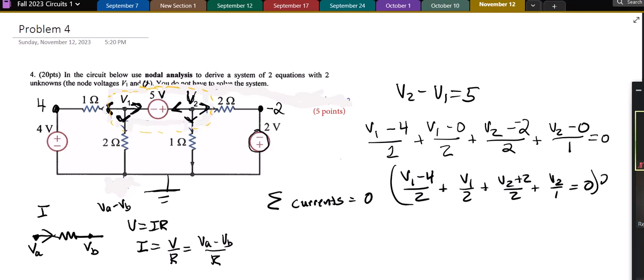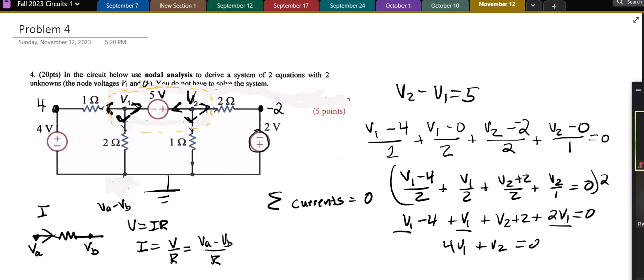I'll multiply through by 2, and it gets V1 minus 4 plus V1 plus V2 plus 2 plus 2V1 equals 0, or V1 plus V1 plus 2V1 is 4V1 plus V2 minus 2 plus 2 is minus 2. I take it to the other side and I get 2.